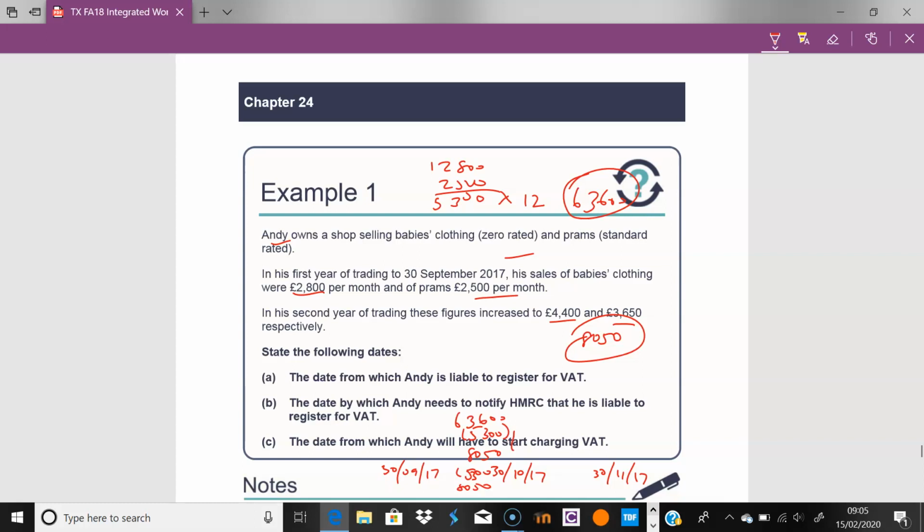So yes, you are losing 5,300 from the month you're coming out of and gaining 8,050 as you go in, but that means I could simply say 63,600 plus the difference, which is 8,050 minus 5,300. You can do it mechanically if you feel safer that way. The key point is you just want to make sure you get it right, which is 2,750. So the question here is, how long do I have to go adding 2,750 month by month until I hit the 85,000 threshold?